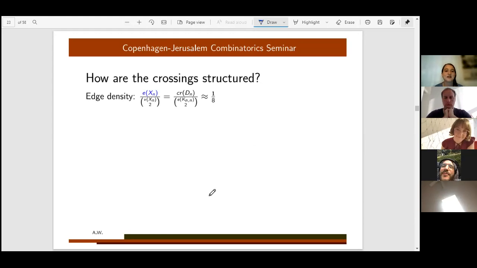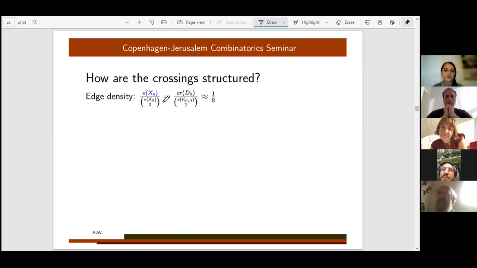So one thing that we already said, the number of edges in the crossing graph is the number of crossings in the drawing. And this gives us some kind of edge density when we divide by a normalizing factor. And this normalizing factor is the number of vertices choose 2, just as if it was a complete graph, so the maximum number of edges possible.